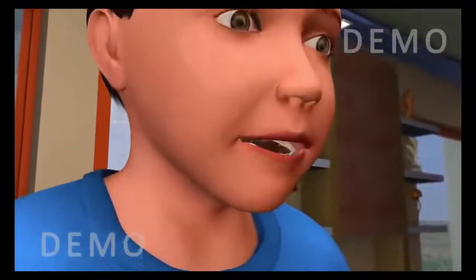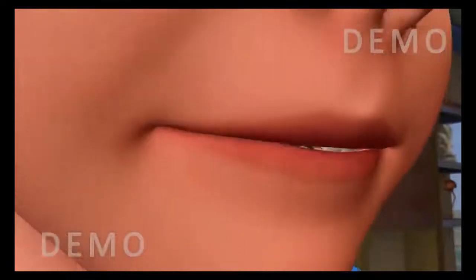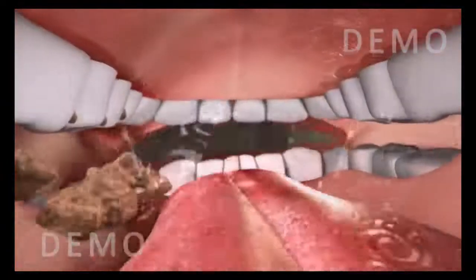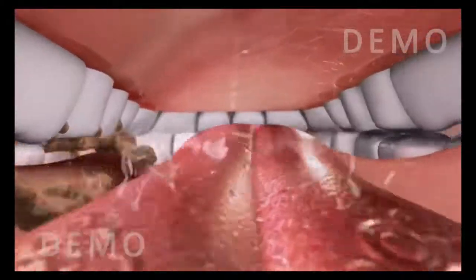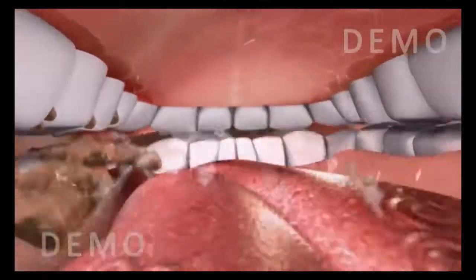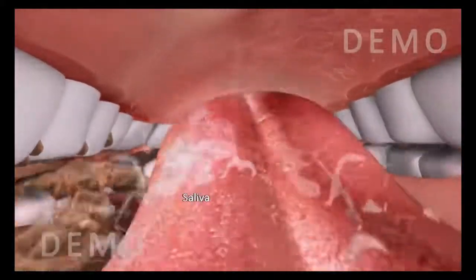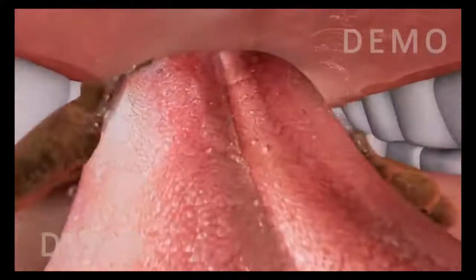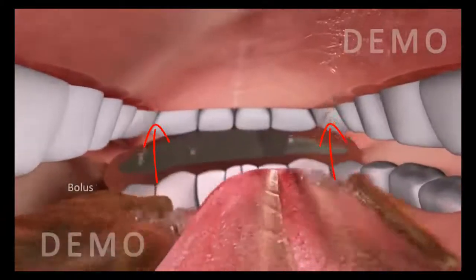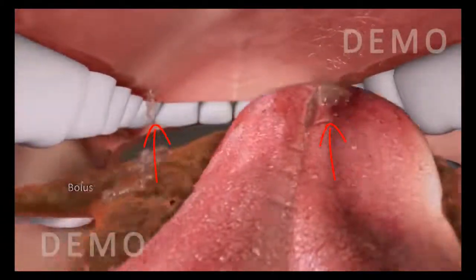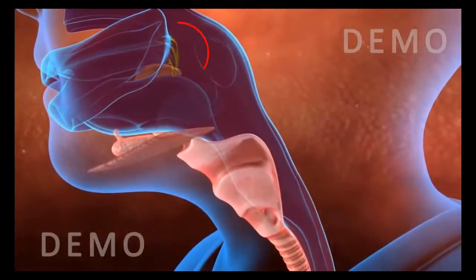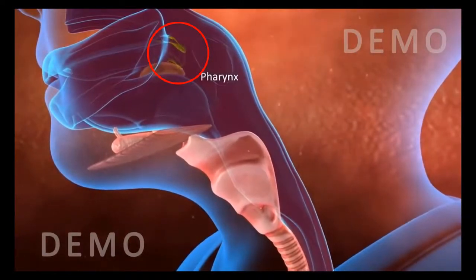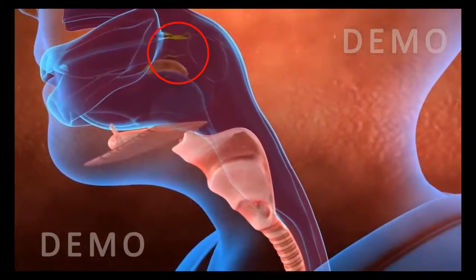The process of digestion begins inside the mouth. The teeth break down the food into smaller particles. It then gets mixed with the saliva in the mouth to form a slurry mass called bolus. As the food is swallowed, the soft palate blocks the upper throat called the pharynx, which prevents the entry of food into the nasal cavity.